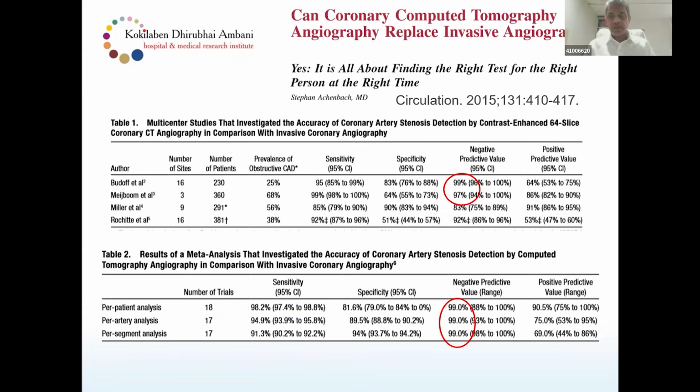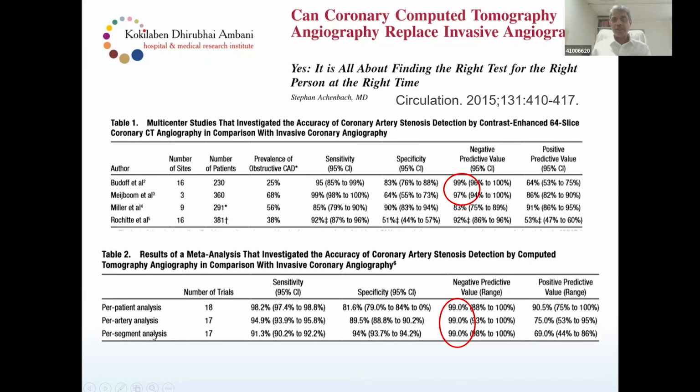So this is an article published in Circulation in 2015. The top ones are the clinical trials, which show a negative predictive value of almost 99%, which is as good as 100%. And the meta-analysis also shows a negative predictive value of 99% for per patient analysis, per artery analysis, and per segment analysis.